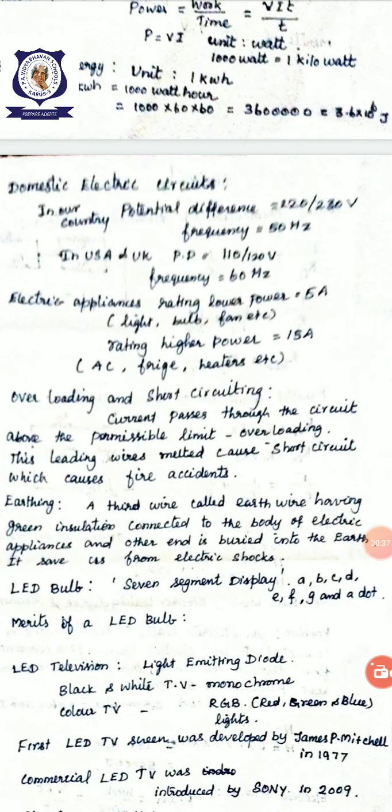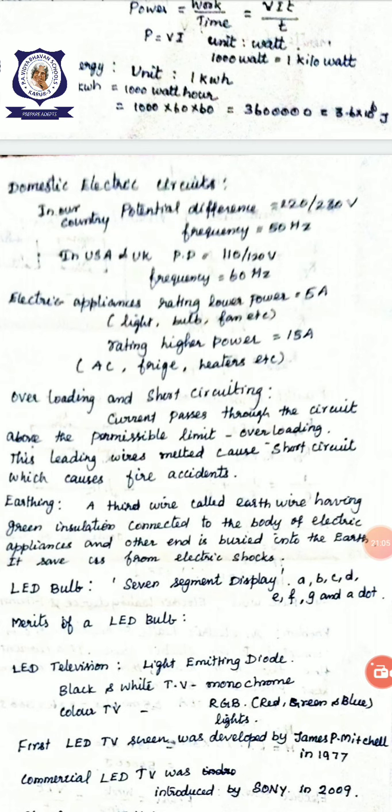And normally for higher rating appliances like AC, fridge, water heaters and all, in the circuit we are applying 15 amperes of current. For low rating appliances like light, fan, bulb and all, we use only 5 amperes.